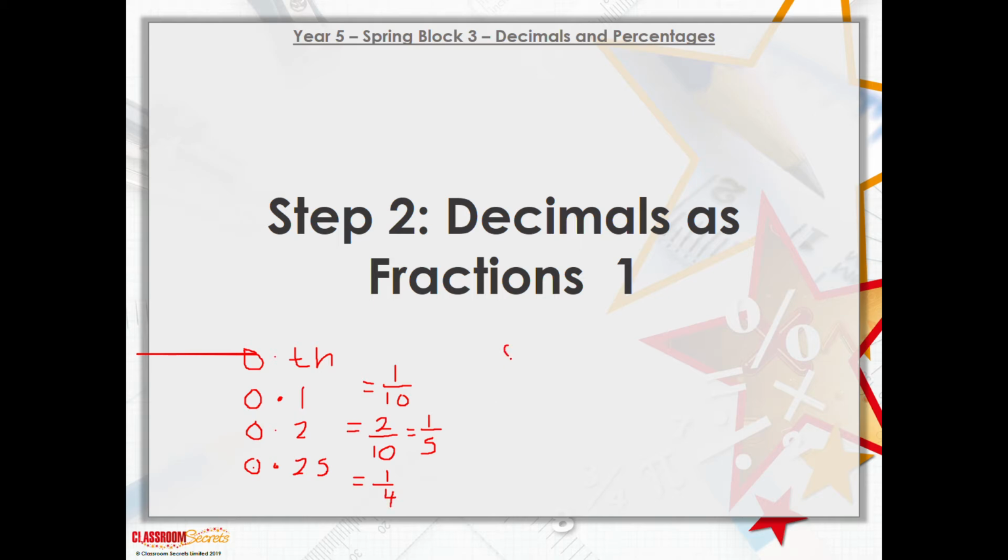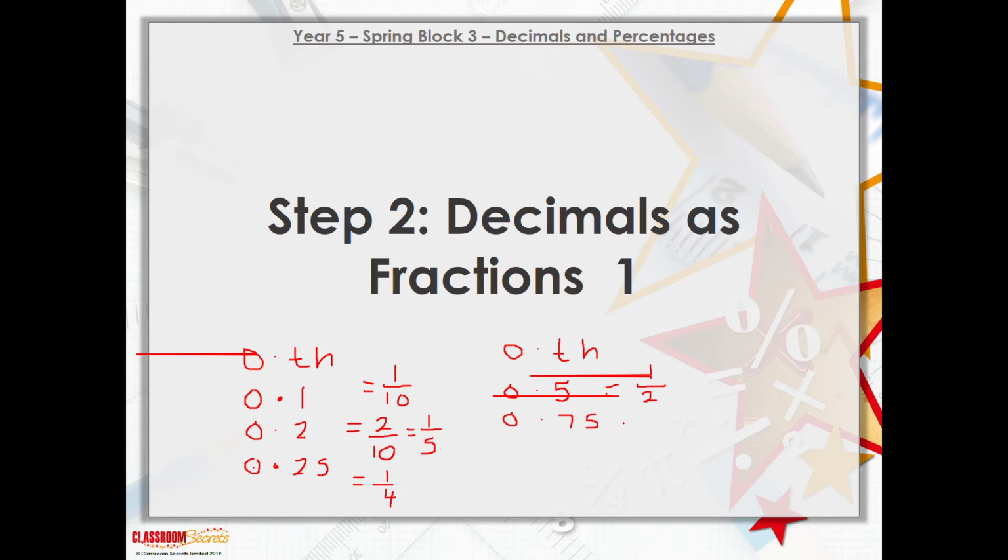I'll do another place value grid just up here so I can show you some more. Now knowing that 10/10 equals one whole, 5/10 is half of one whole, so 0.5 is equivalent to 1/2. 0.75 is actually 7/10 and 5/100.